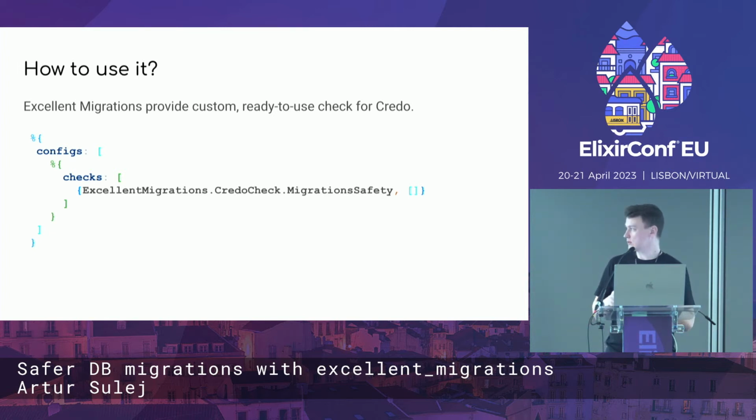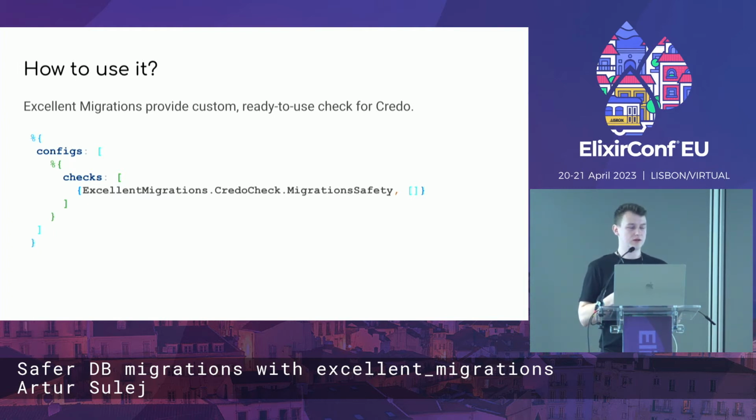Okay, now I will tell you how to integrate it with your application. Basically, there are a couple of ways. I encourage you to check the documentation because they are explained there. However, the one that I recommend the most is using a Credo check. Excellent Migrations provides a completely ready-to-use Credo check.